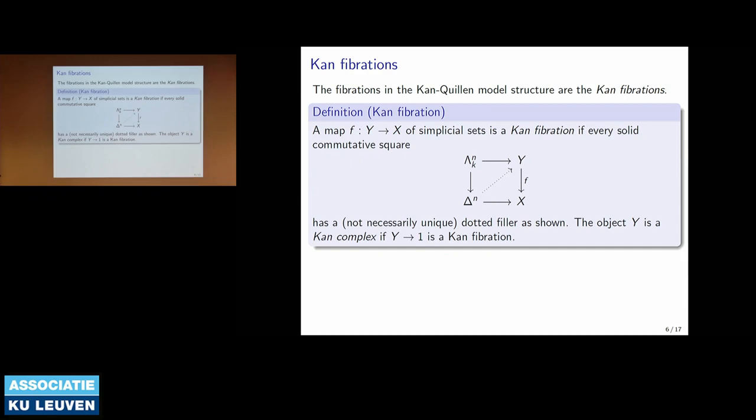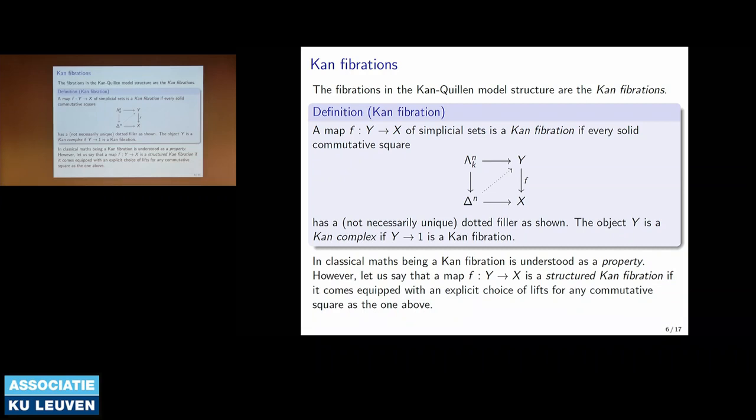And an object is called a Kan complex if its unique map to the terminal object is a Kan fibration. Now, I think the first thing to note is that in the classical theory, all of this is understood as properties. So a fibration is a map for which this thing does exist.